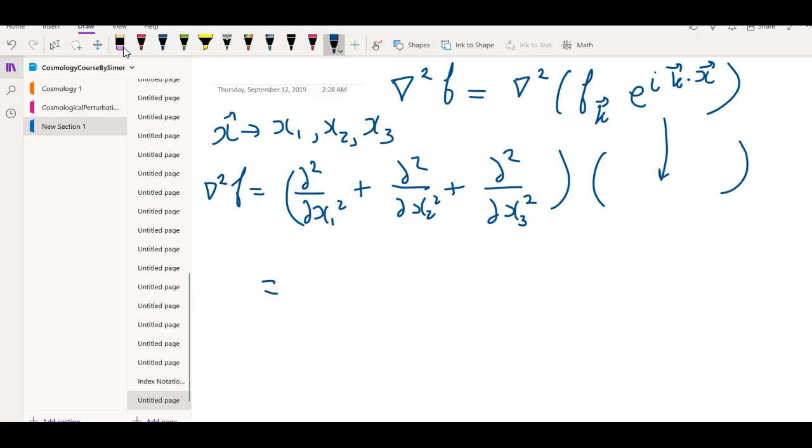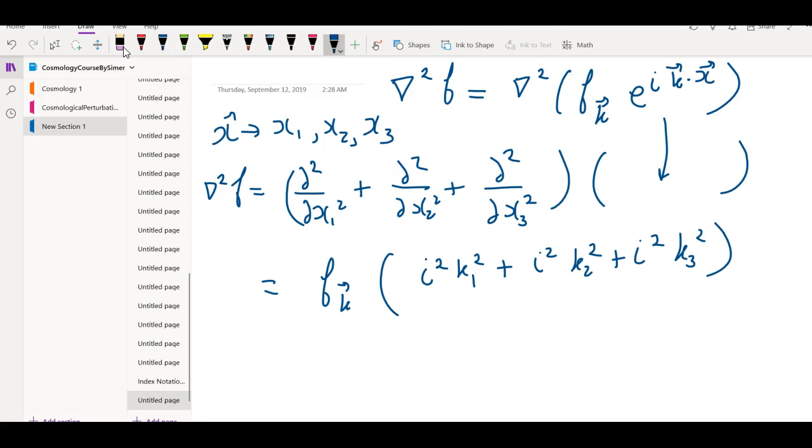So when I apply this double derivative here, I will get iota square k1 square plus iota square k2 square plus iota square k3 square, and this is equal to minus k1 square plus k2 square plus k3 square. It is the magnitude of k square.